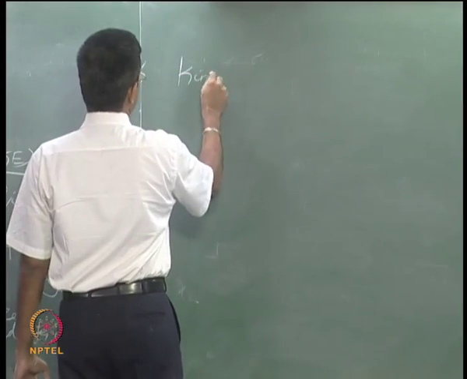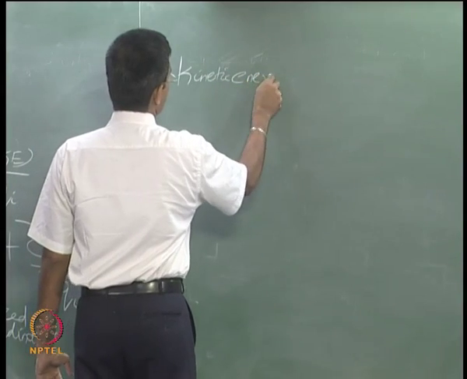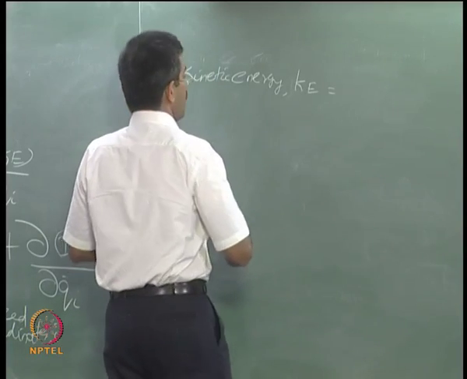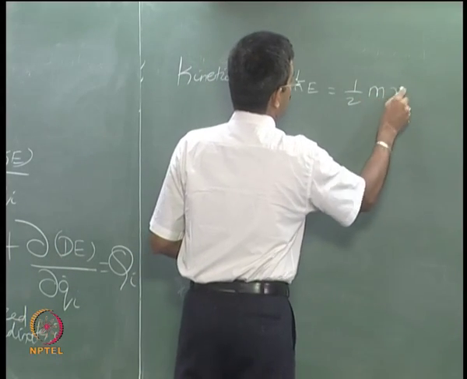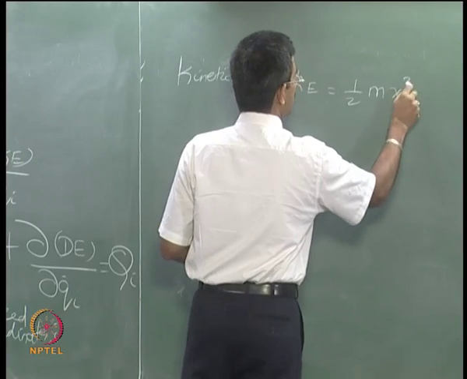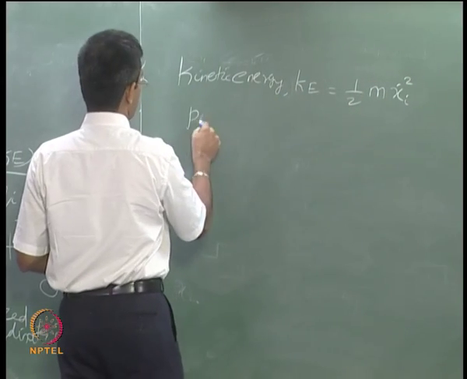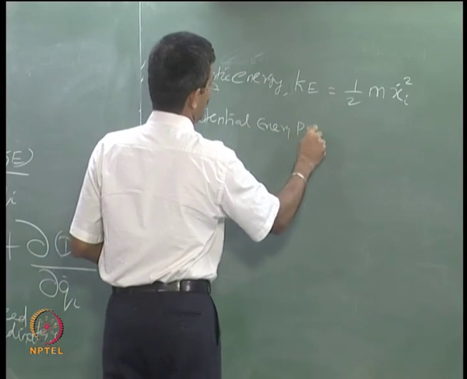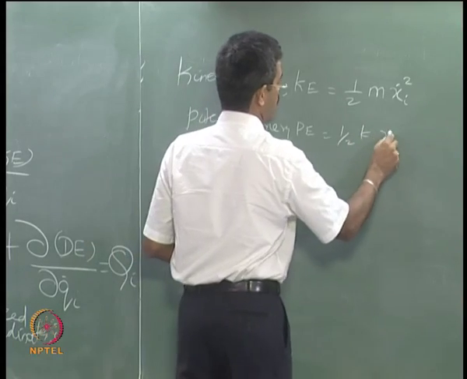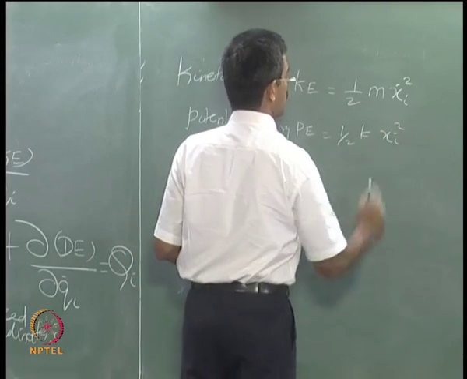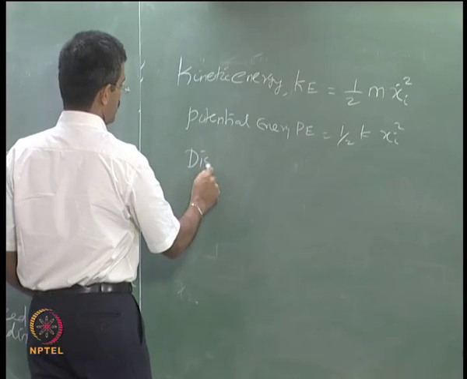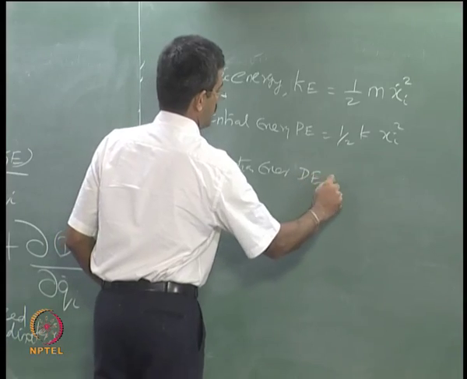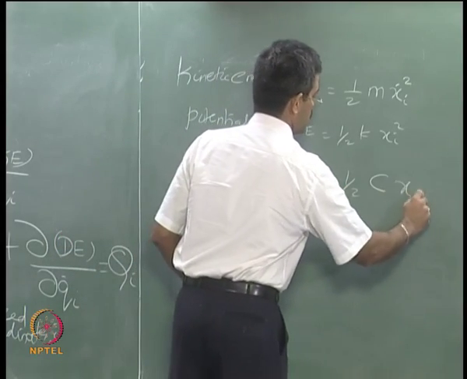Kinetic energy is half m xi dot square, potential energy is half k xi square, dissipation energy is half C xi dot square.